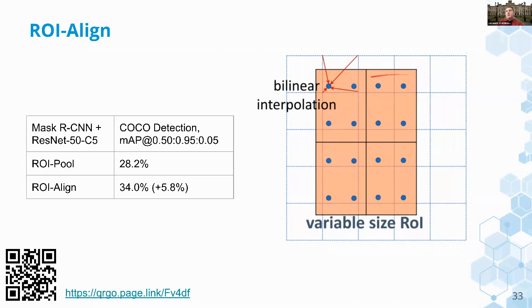Then ROI-Pooling simply rounds these coordinates to the nearest integer and pools a smaller region of features. Obviously, we are losing information from our ROI region, which decreases the performance of our classifier and the localization capabilities of our model. So to overcome this issue, a simple idea was proposed.